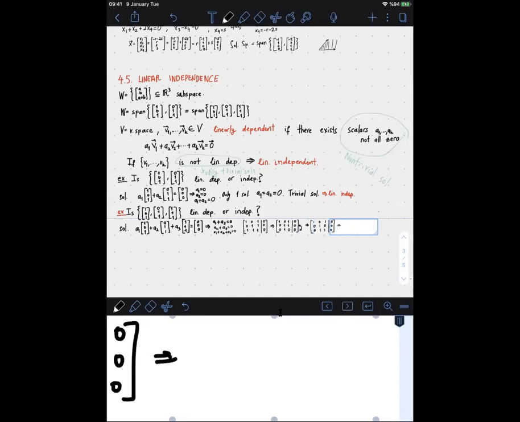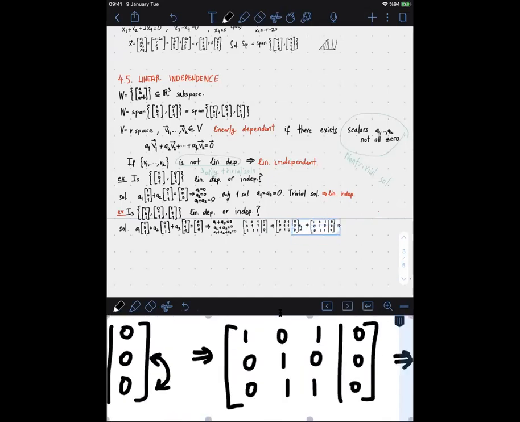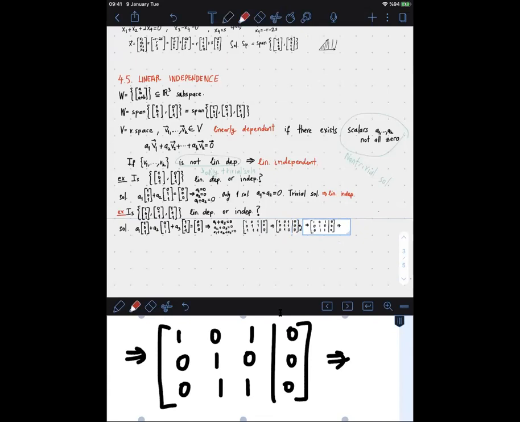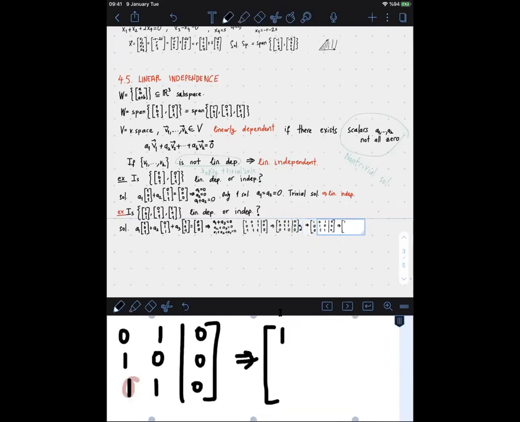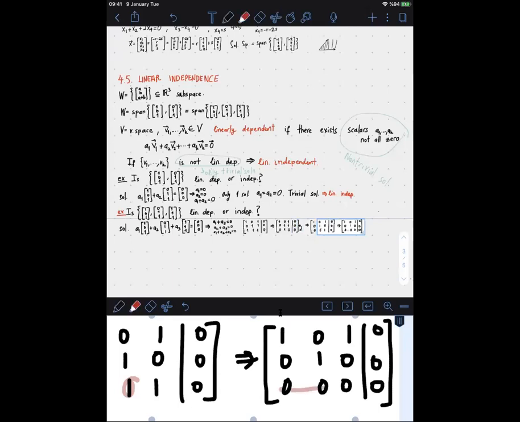So I can use this second row to eliminate this entry, right? So I get 1, 0, 1, 0, 1, 0, 0, 0, 0, which is this. Okay, so we have a row of zeros, so this is fine.